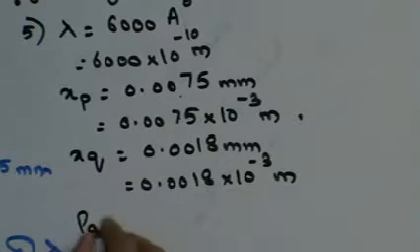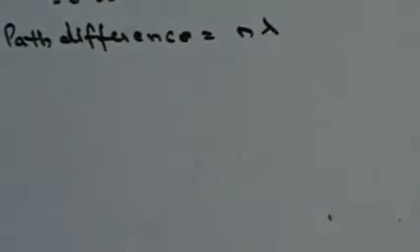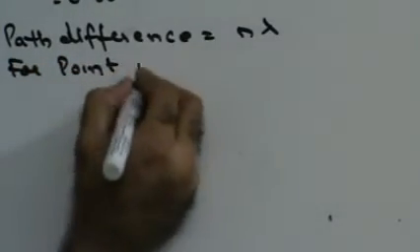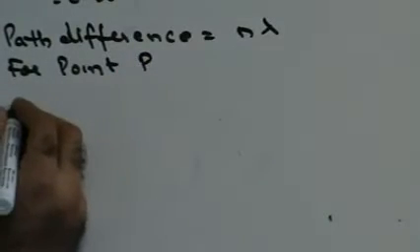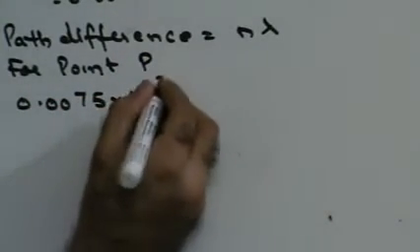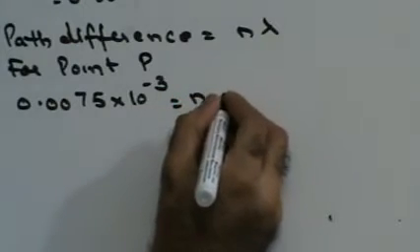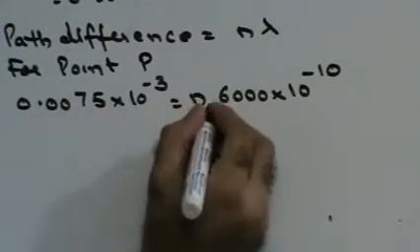Guys, we know that path difference is given by the formula n lambda. For point P, path difference is given as 0.0075 into 10 raised to minus 3, equal to n lambda, where lambda is 6000 into 10 raised to minus 10.